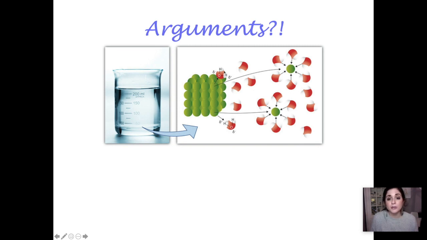Here's your salt crystal, here's your polar water molecules. The positive sides of water are attracting the anions, and the negative sides of water are attracting the cations. This picture is not great because normally they would show these green atoms either of different sizes or different colors, but whatever, this is just the one that I could find.